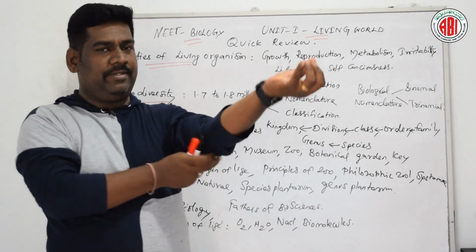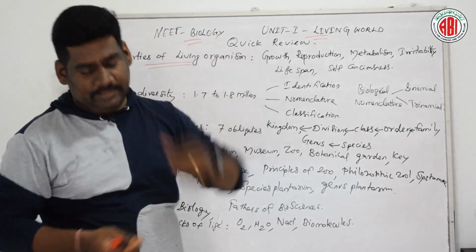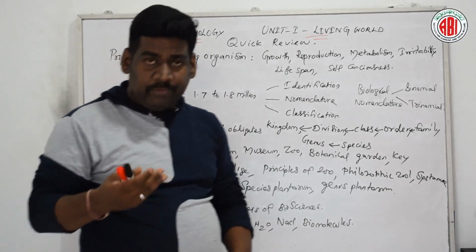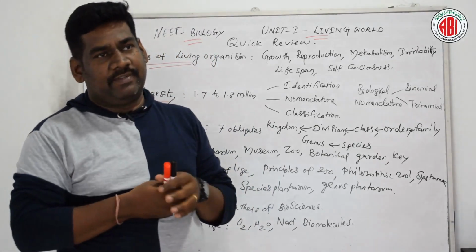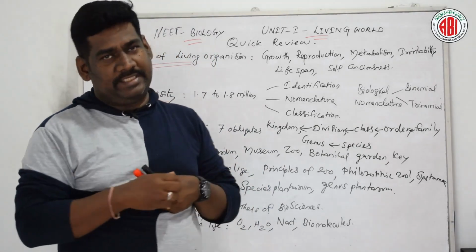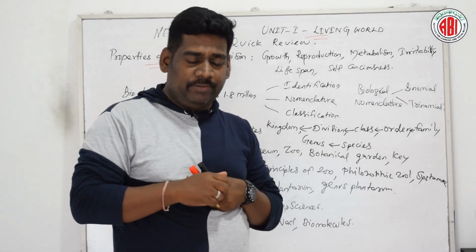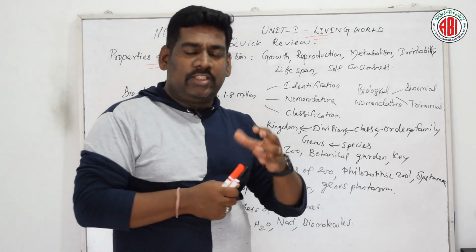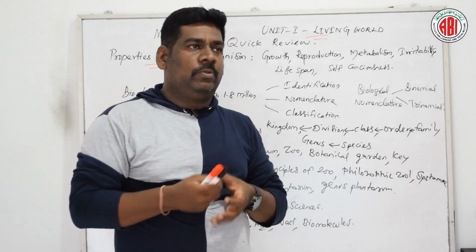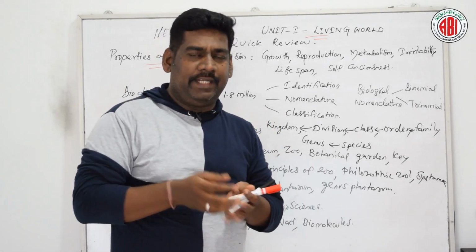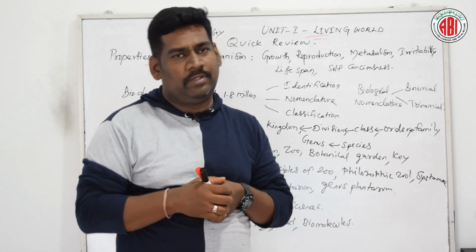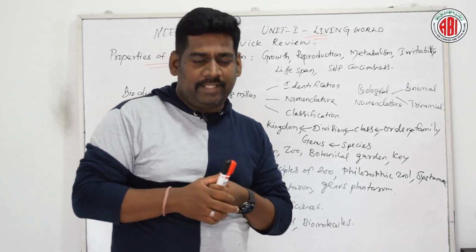When we talk about the other category, there are a few more characteristic features of the living organism, like homeostasis, adaptation, and osmoregulation. Based on this, there is the maintenance of body temperature, how well the organism maintains its body temperature.